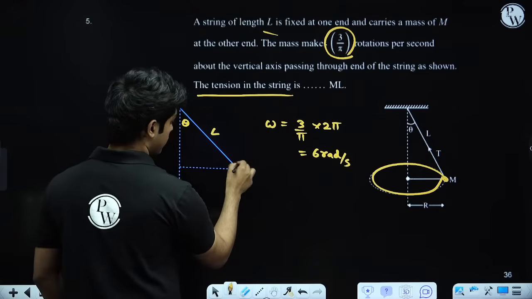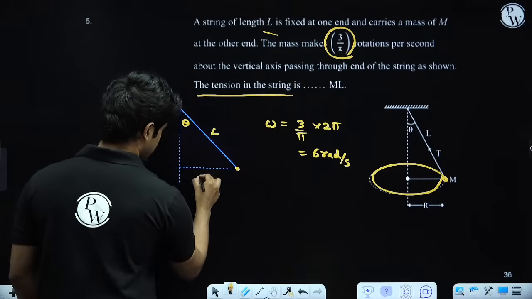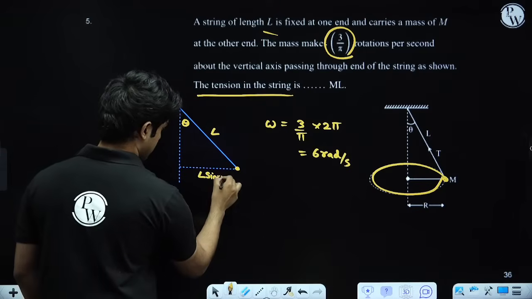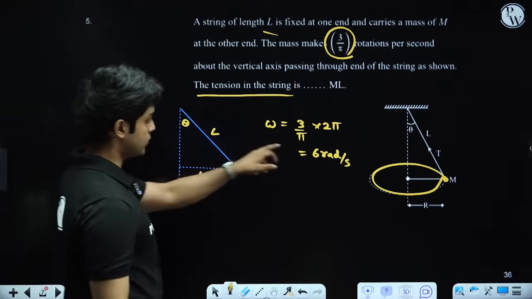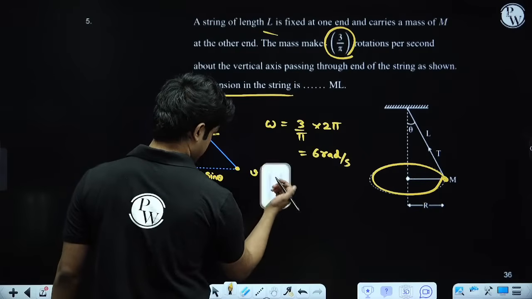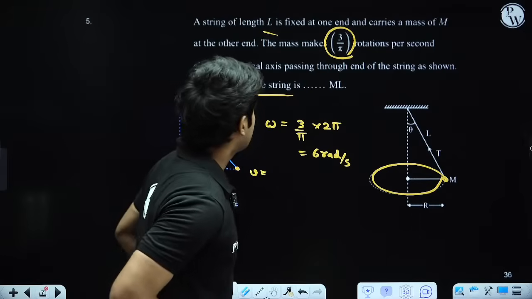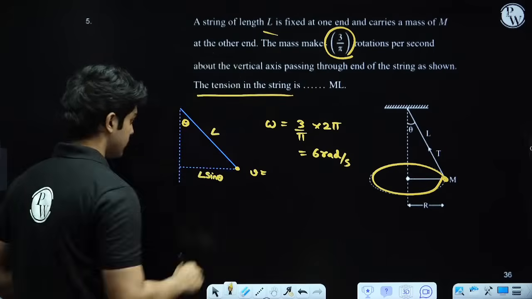So the velocity of this mass, we can get it. If this is L, this is theta, this distance is L sin theta, and we know the omega of the circular motion, it is 6. So the velocity will be omega into L sin theta. So I guess L is not given, but that's fine.